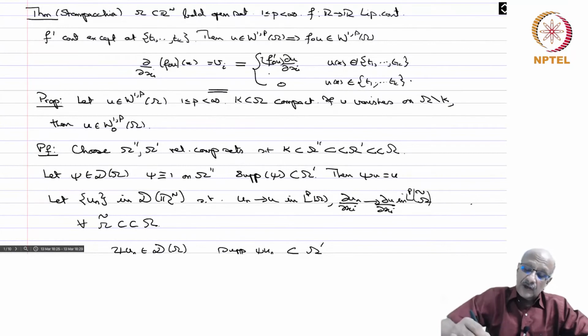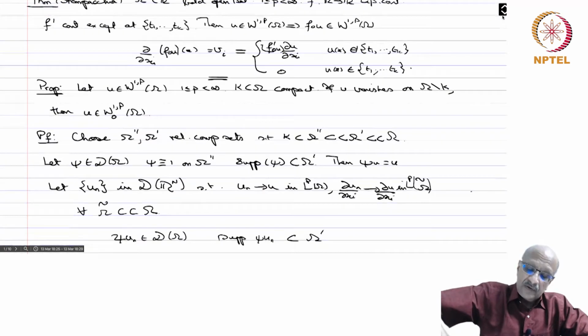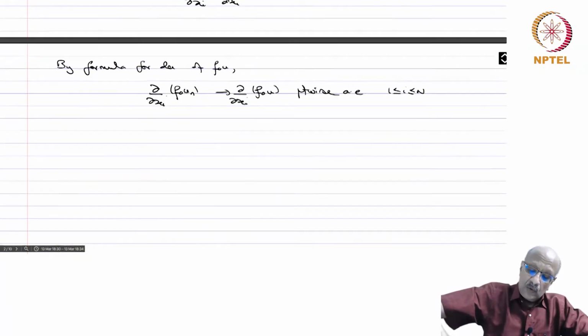It is just f'(u) ∂u/∂x_i. So f'(u_n) will go to f'(u), ∂u_n/∂x_i goes to ∂u/∂x_i, and therefore the derivative will go to whatever we are claiming.